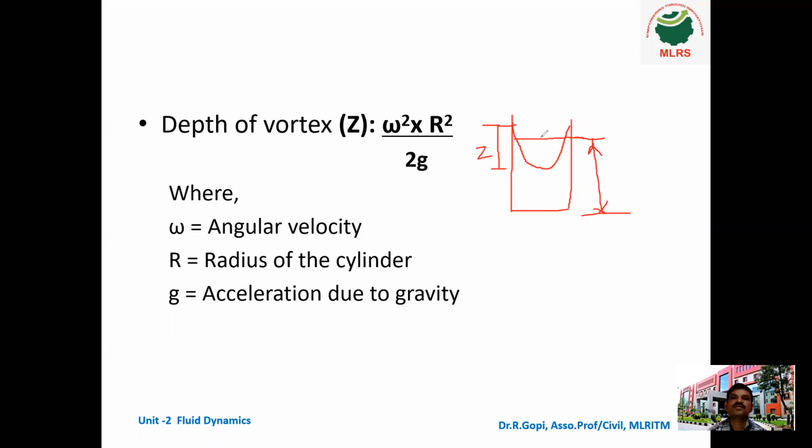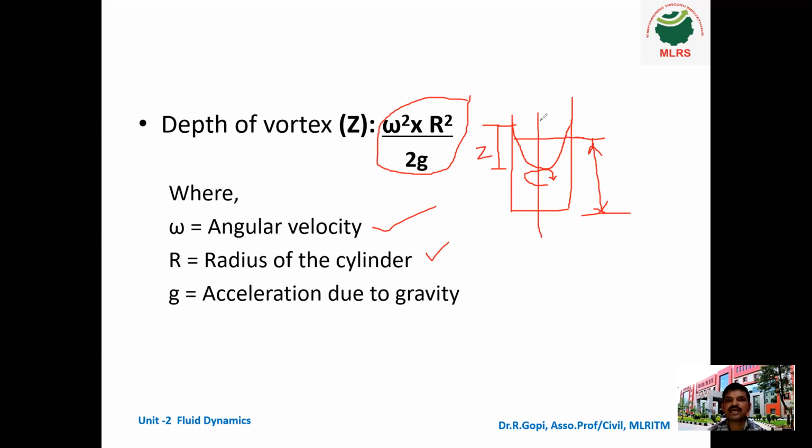After rotating at high speed, the flow takes place like this. The depth of vortex is Z equals omega square into r square divided by 2g. Omega is the angular velocity, r is the radius of the cylinder. Radius, not diameter, keep it in your mind.